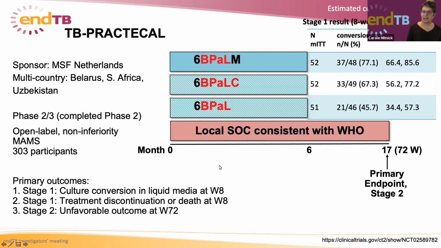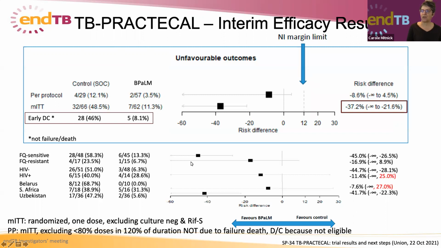The trial was ended early after an unplanned interim analysis, and the DSMB recommended its discontinuation, noting that further results were not likely to change the conclusions. And so when 152 patients had been randomized to the control and 151 patients randomized to the BPALM regimen, the trial recruitment stopped. And about half of those patients were eligible for analysis at the time of the interim analysis.